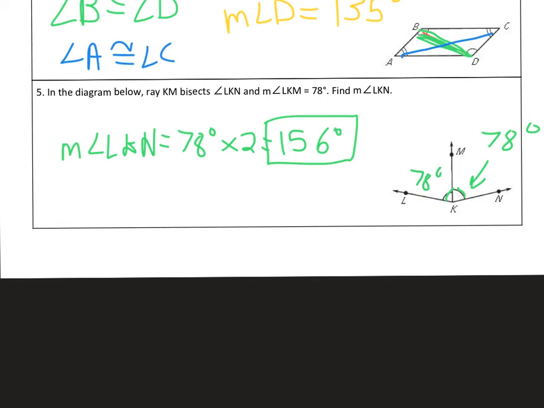So that means that MKN or NKM, however you want to say it, this angle right here, is also 78 if it's being bisected. So all I've got to do is take this angle, knowing this other angle is congruent, and double it to get the measure of LKN, the entire angle.